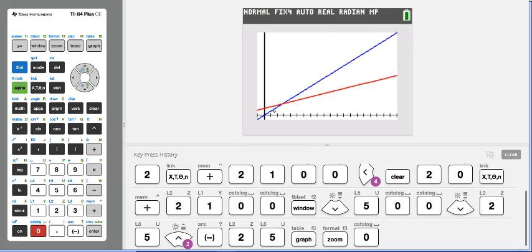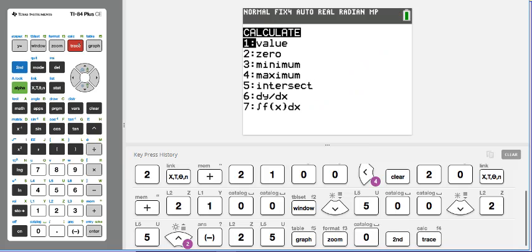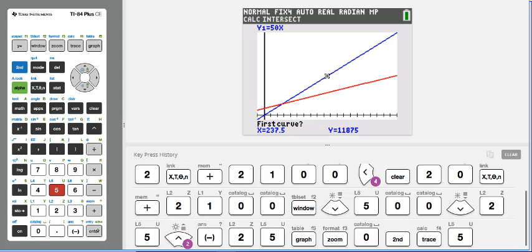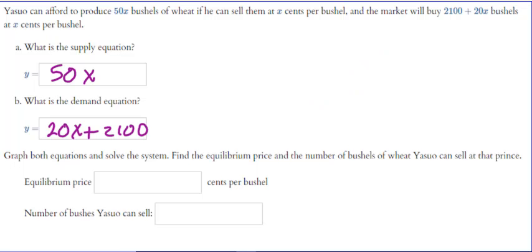Well, they intersected down here kind of in the beginning. So let's see. Second trace, 5, enter, enter, enter. And it's at 70 and 3,500. So that's an x and a y.